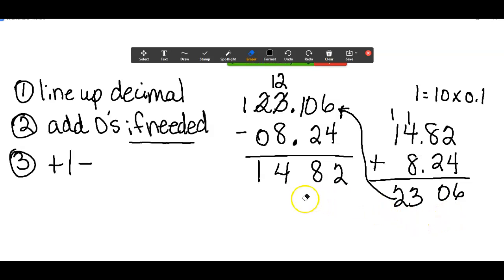Okay, you must have your decimal place. And also in the right place as well, because if I accidentally mess up and I put a decimal here, what I'm saying is that this answer is 148 and 2/10, when really it needed to be here. Okay, that's why this first step is so important. Make sure you line that decimal up.